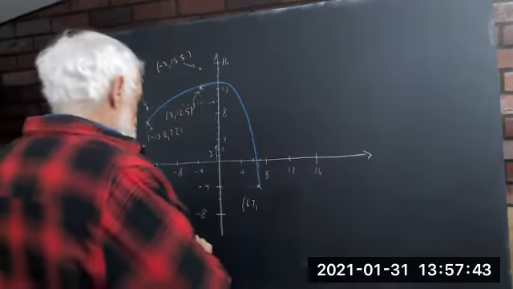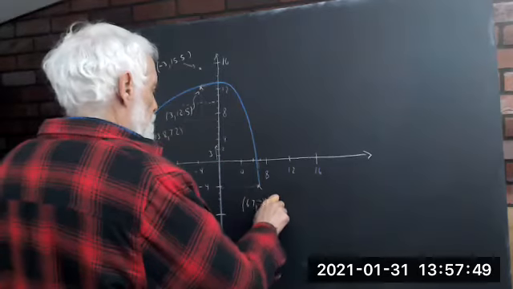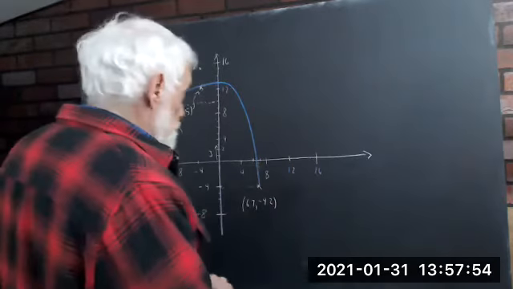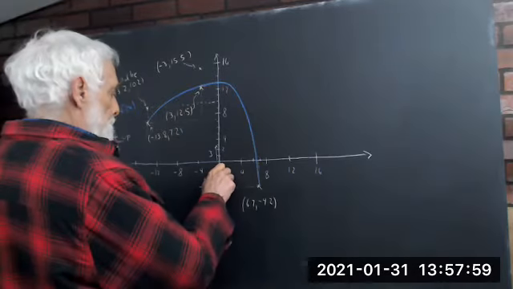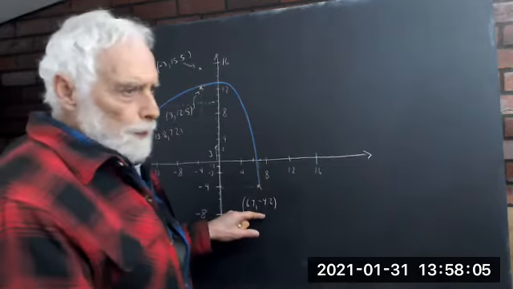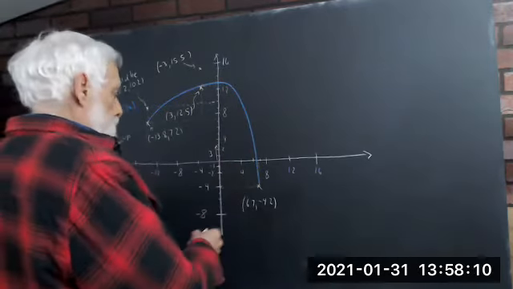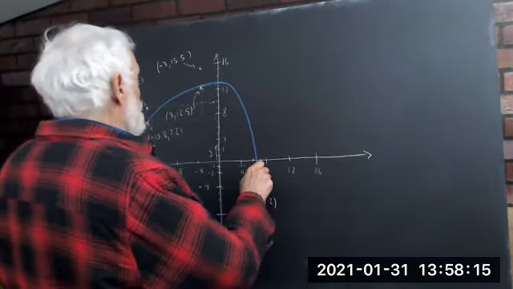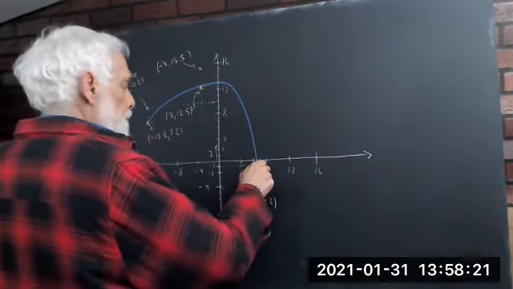Not very good. I'm going to say it's negative 4.2. If I want to raise this point 3 units, here's negative 2, here's negative 1. Negative 4.2 and 3 is negative 1.2. So my point would be about here.